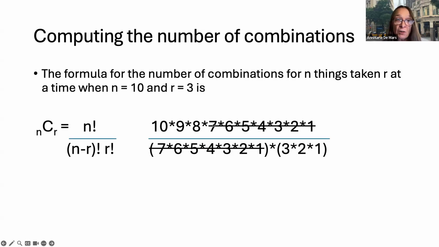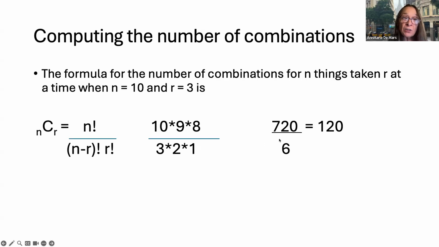So we cancel out all those like terms, 7, 6, 5, 4, 3, 2, 1, and we end up with 10 times 9 times 8 over 3 times 2 times 1. And that comes out to 720 over 6, which equals 120. There are 120 possible combinations of 10 things, 3 selections at a time.